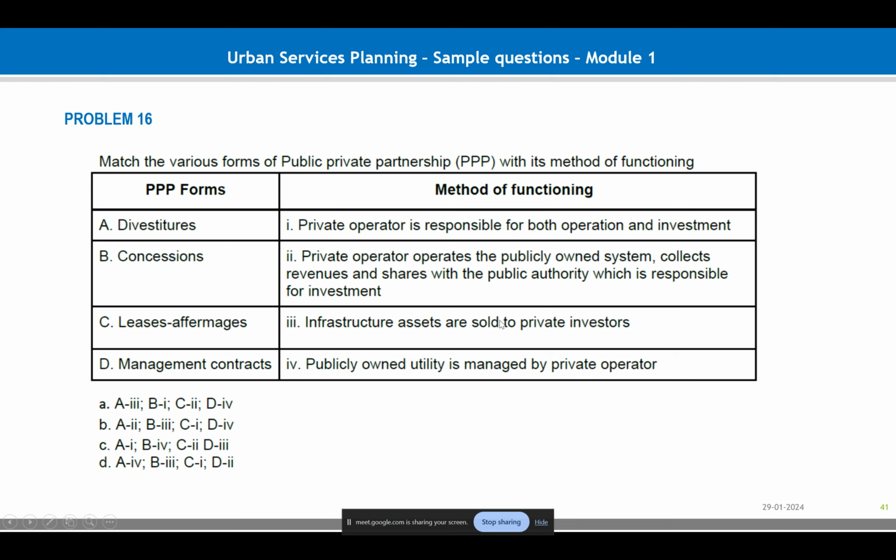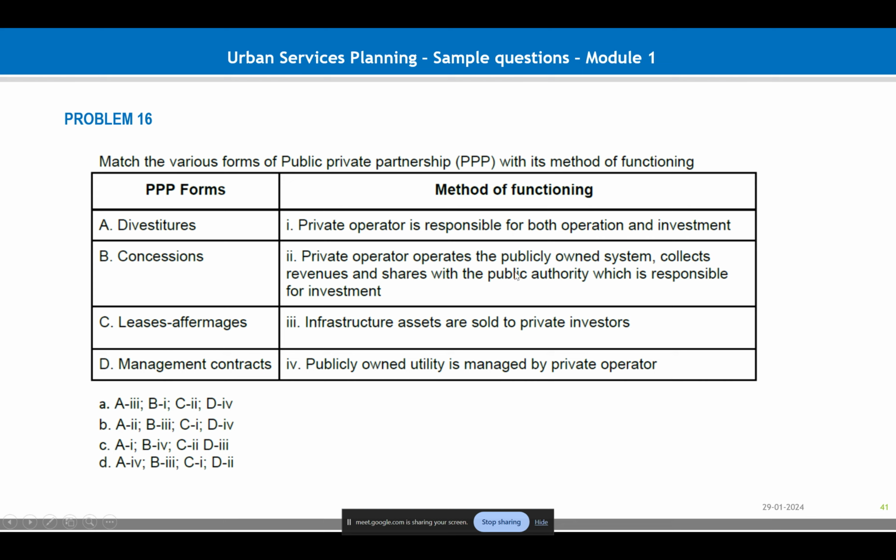Infrastructure assets are sold to private investors. Correct. And then B. Okay, so let's go to the next one, C, lease affermage.